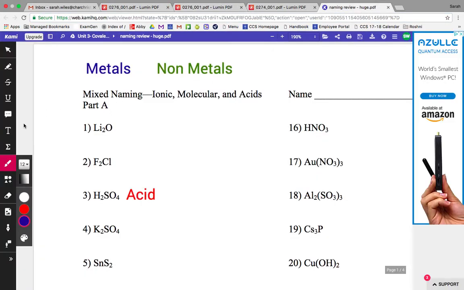So, metal, whoa, that's big. And I'm circling lithium in blue and circling oxygen in green so that you see that it's a metal and a nonmetal.